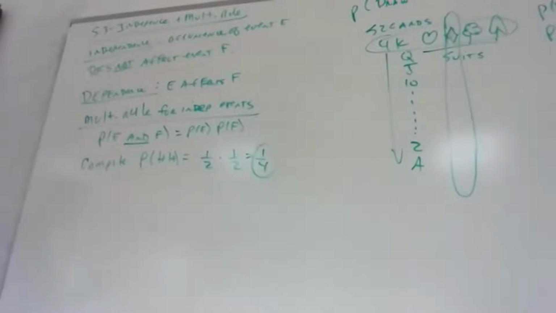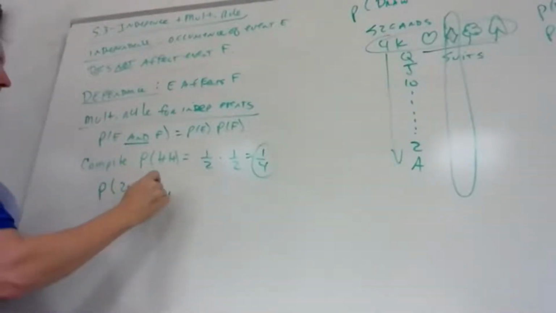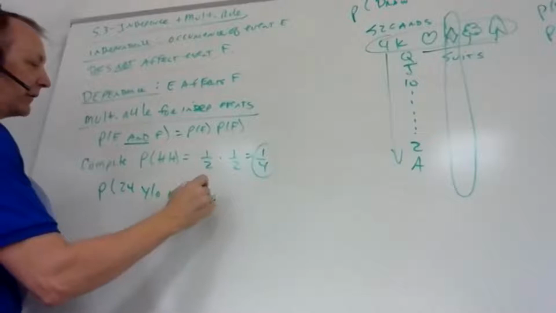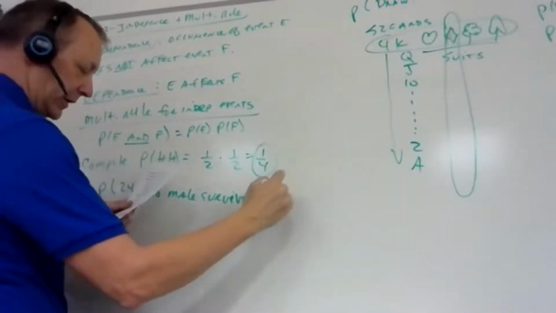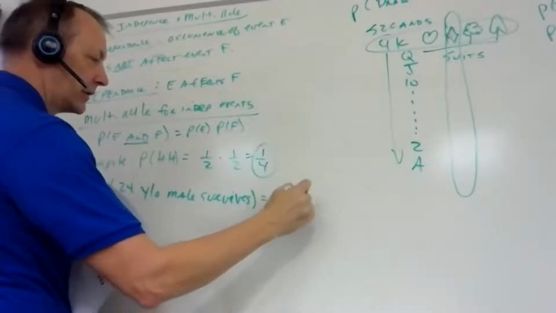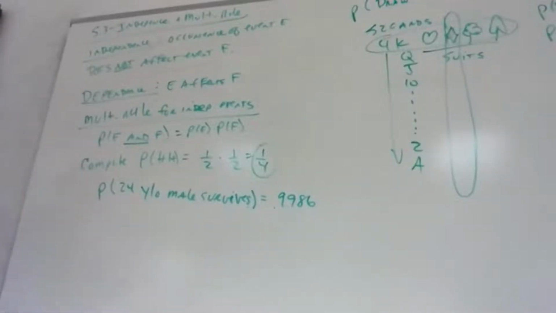Now, let's do this one. What if I tell you that the probability that a 24-year-old male survives the year is 0.9986? So you work for a life insurance company, and you're trying to decide whether you want to insure this guy.